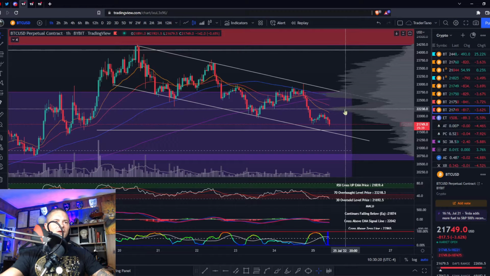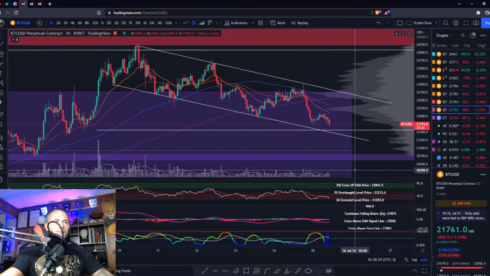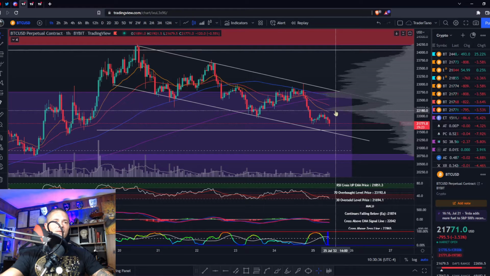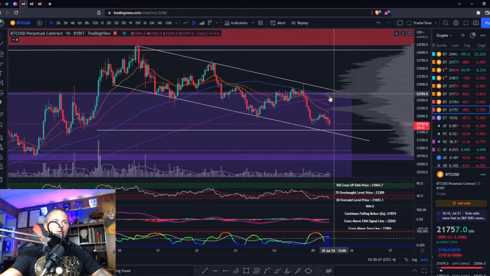You got this VPVR level and your 21 that's going to provide major resistance at the 22,214 level. So bullish case is that we make a higher high at the 22,100 level, get back above that 21, this VPVR level and the 50 at 22,350. If that can happen, I think we would move back up to the top of the channel and the POC, point of control on this VPVR, which is this level right here.